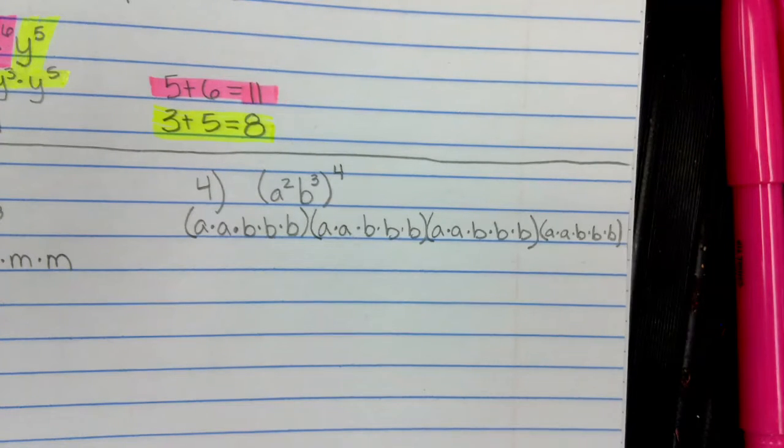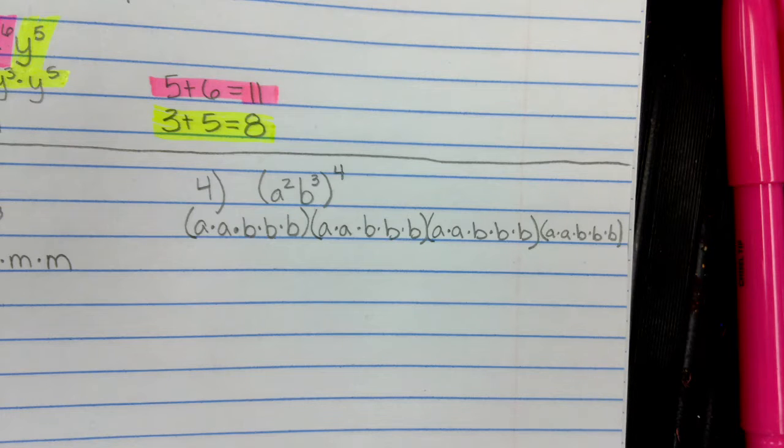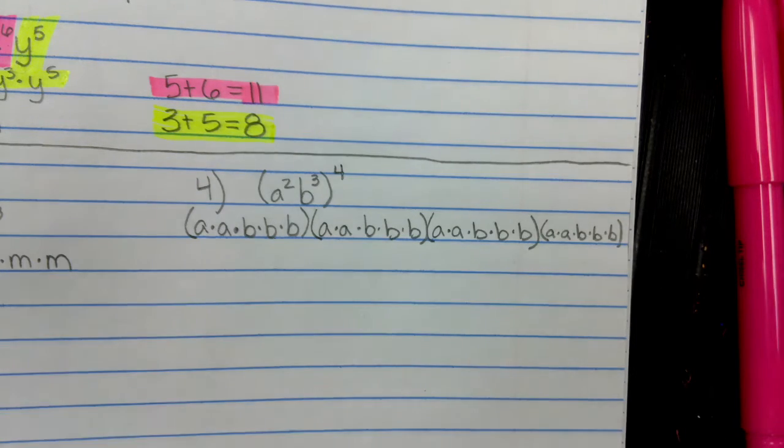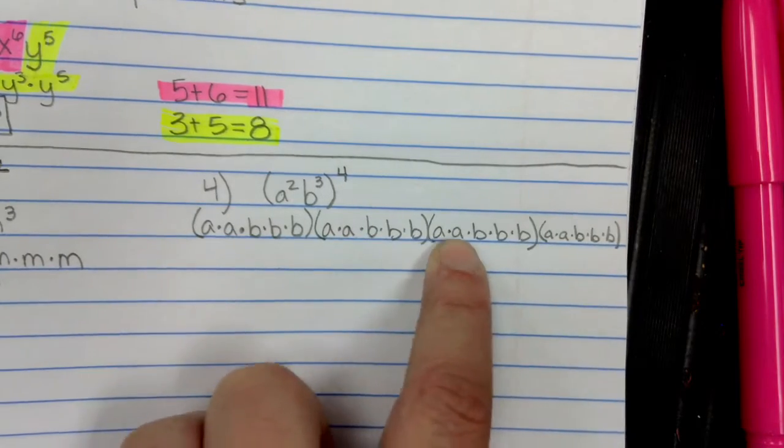So it's A times A times B times B times B, repeated four times. So how many A's do there end up being? 8, because it goes 2, 4, 6, 8.